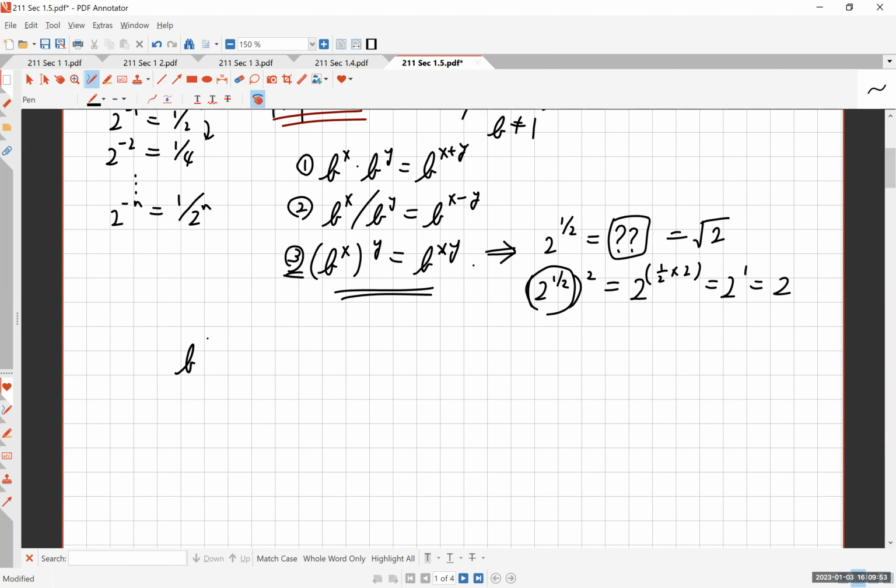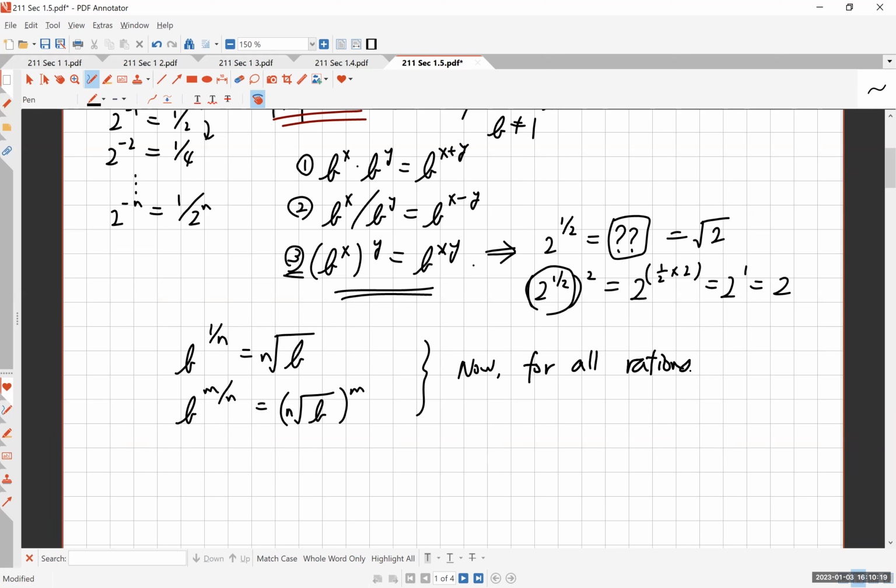So b to the 1/nth power is the nth root of b, and b to the m/nth power is the nth root of b raised to the mth power. So this is how you can define b to the x for all rational x.